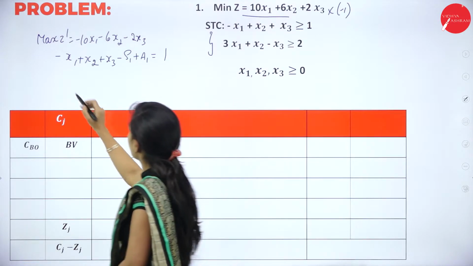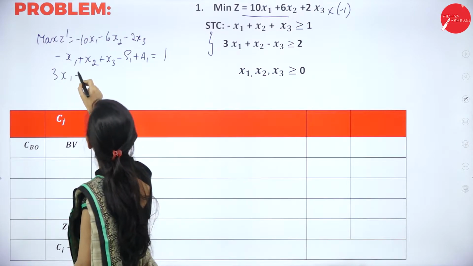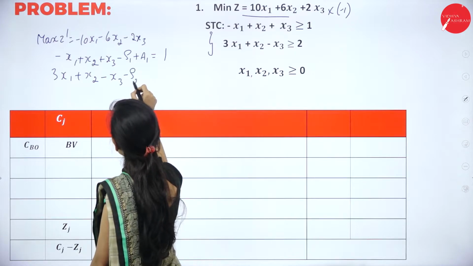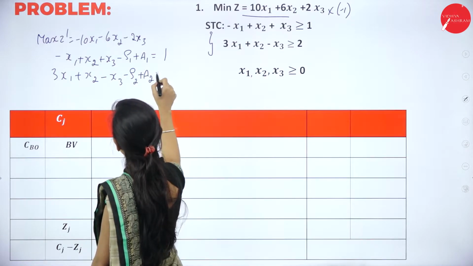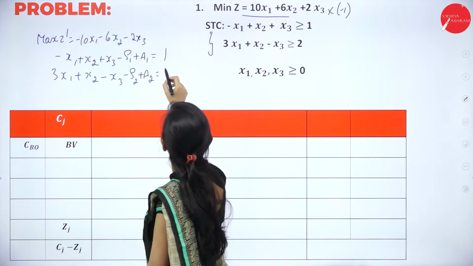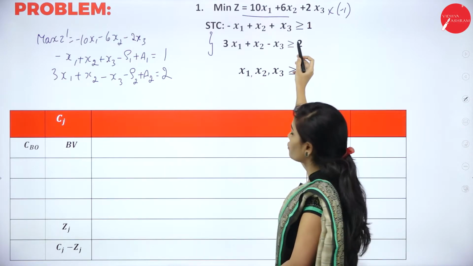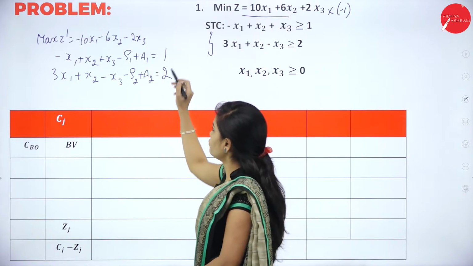And the second constraint, 3x1 + x2 - x3 - s2 + a2, second surplus variable with artificial variable, is equal to 2. Now I have converted this inequality into equality form.